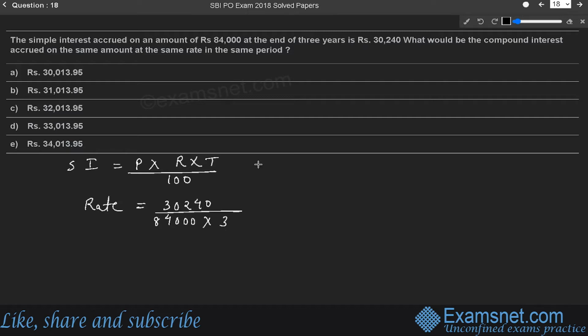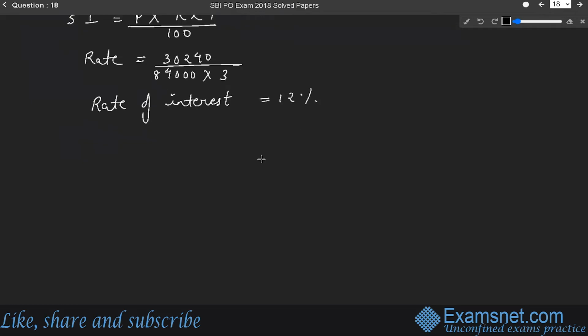Therefore, rate of interest will be equal to 12%. Now, the amount after compounding will be principal into (1 plus r) power n, which is equal to 84,000 into 1.12 whole cube.